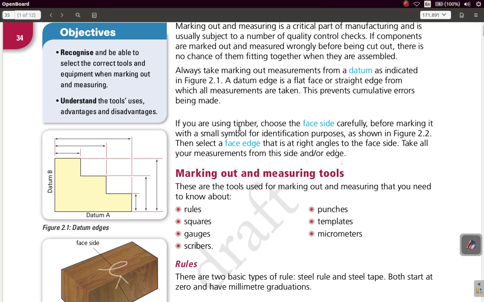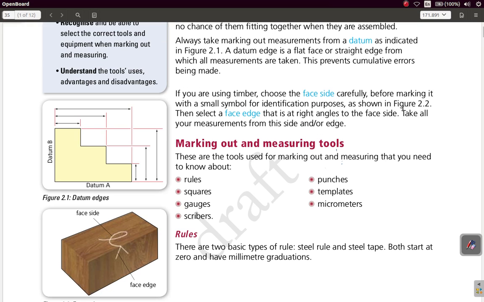If you are using timber, choose the face side carefully before marking it with a small symbol for identification purposes, as shown in figure 2.2.